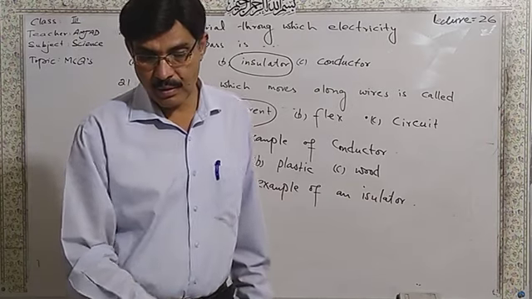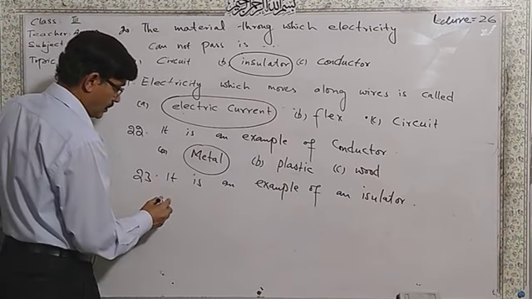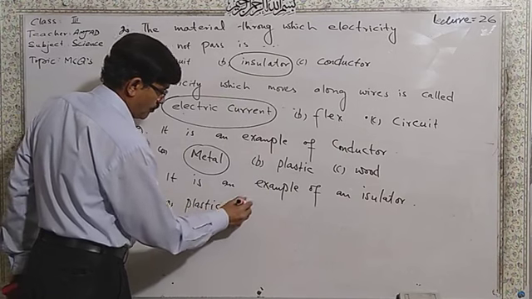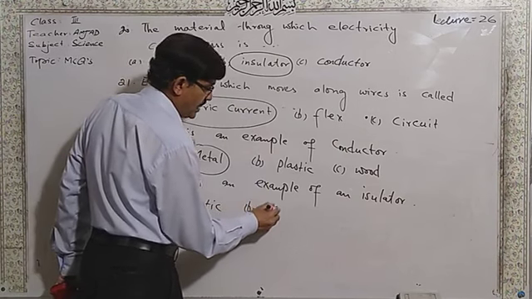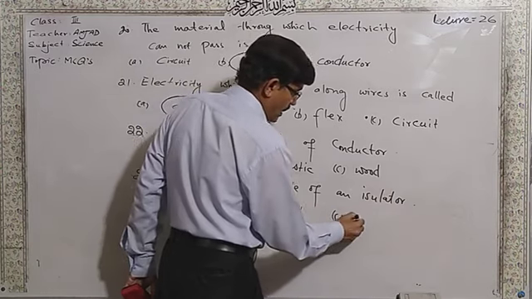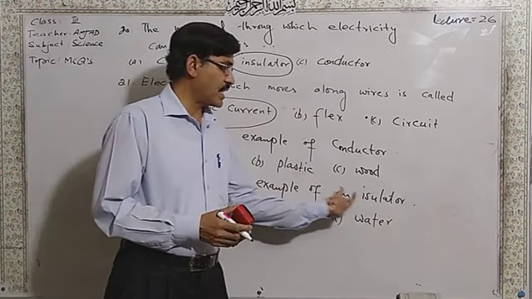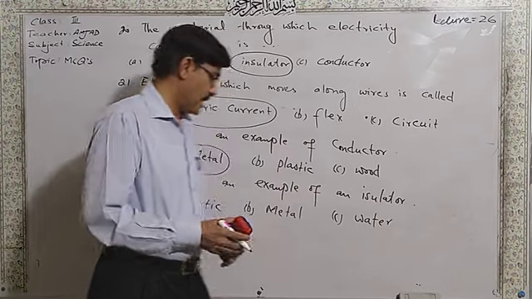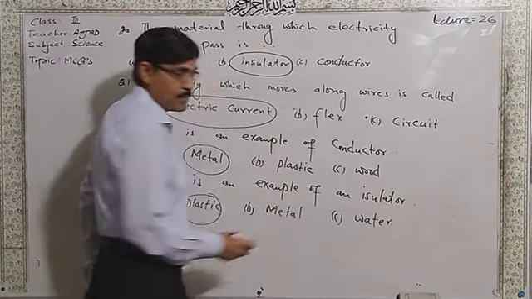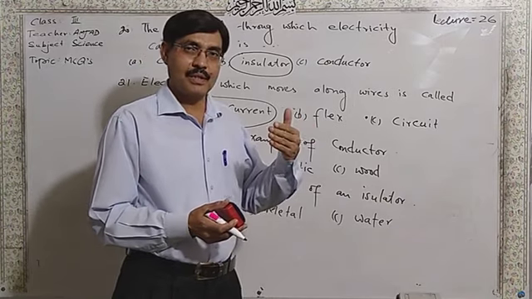We have the options: A, plastic; B, metal or steel; and C, water. The material in which electricity cannot pass through is called an insulator. And this one is plastic. In metal, water and air also, electricity passes through easily.